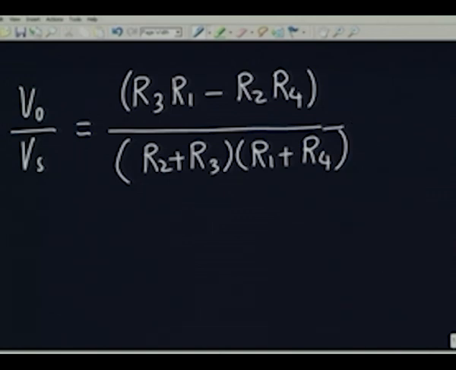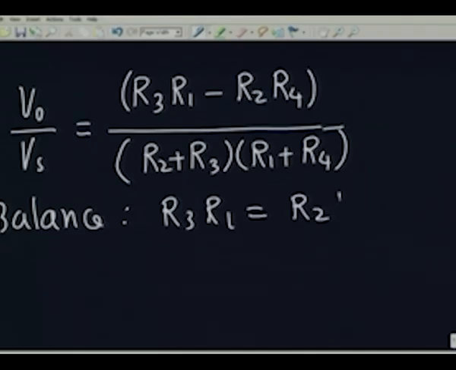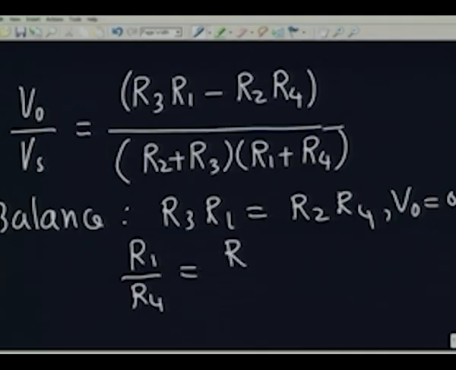You can immediately see that when there is a balance, the condition is R3 R1 equal to R2 R4, then V naught equal to 0. This can also be written as R1 by R4 equal to R2 by R3 is the condition.